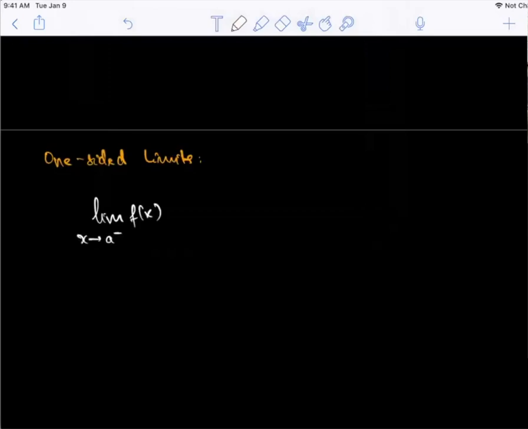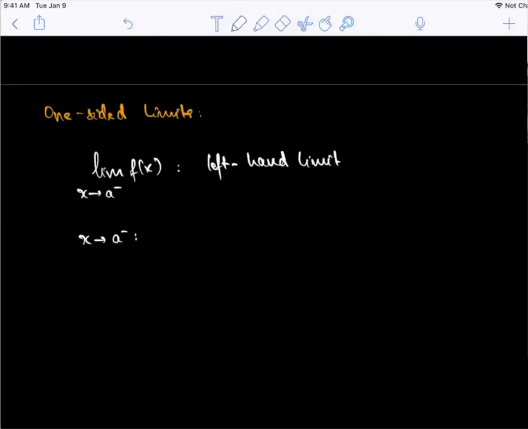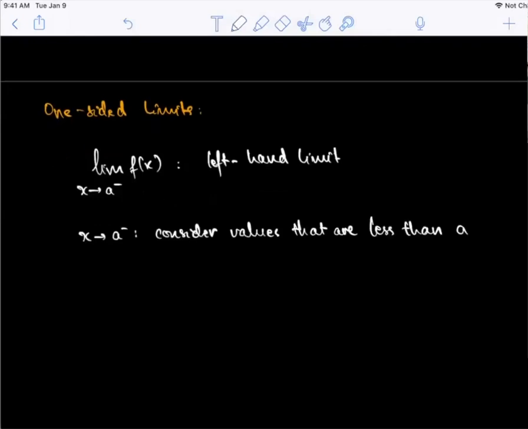That is the notation you need to be careful with. For x approaches A from the left, there's a negative sign on the top right of A. That indicates that I want to let x approach A from the left. This is the left-hand limit. So x approaches A minus indicates that you want to consider values that are less than A, on the left of A.